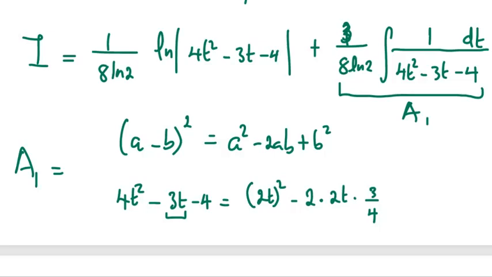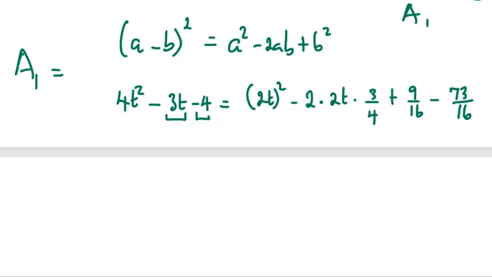Okay. Now here we're going to have the square of this 3 all over 4, which is 9 all over 16. But we have a negative 4 here. So 9 over 16 minus what will give you negative 4. So it's going to be 9 over 16 minus 73 all over 16. So you can see.